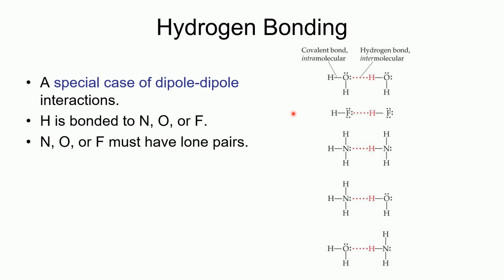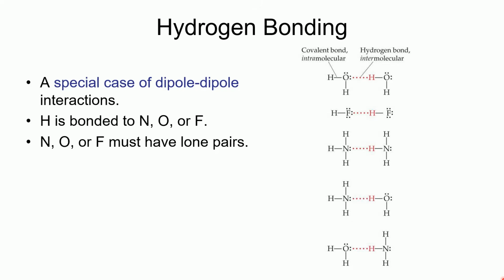So they're very tightly held to the oxygen, the fluorine, and the nitrogen. Because they are tightly held and they are very electronegative, they have a fairly significant negative charge on them. And that makes the bond a special kind of dipole, and we will refer to it as hydrogen bonding.